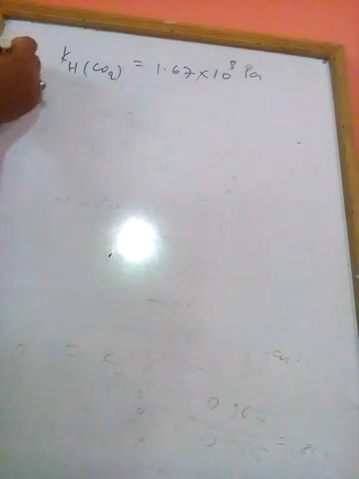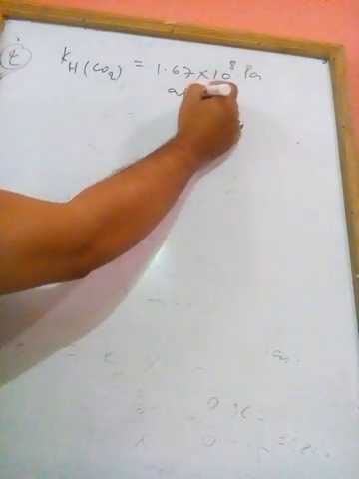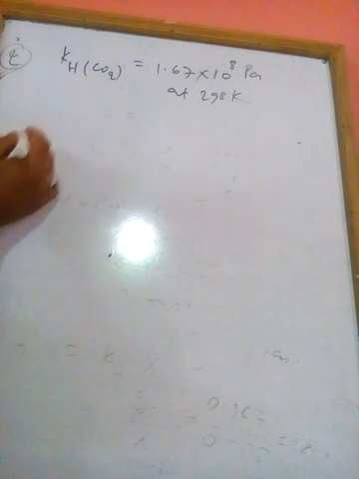This is the KH value. It is the second question. At 298 Kelvin, calculate the quantity of CO2 in 500 ml of soda water.